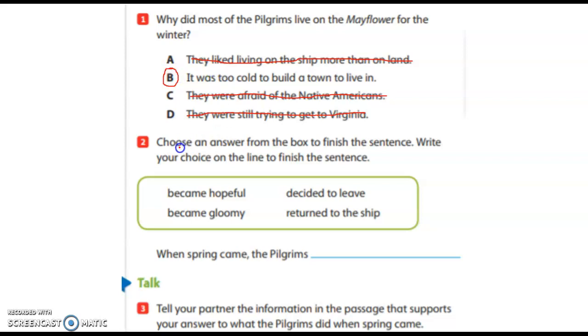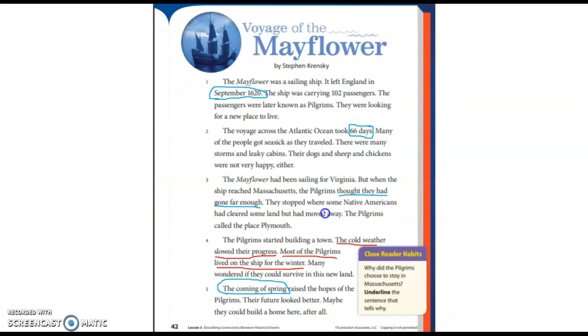Okay, number 2, choose an answer from the box to finish the sentence. Write your choice on the line to finish the sentence. When spring came, the Pilgrims, we have became hopeful, became gloomy, decided to leave, or returned to the ship. Let's go back to the text to see what happened.